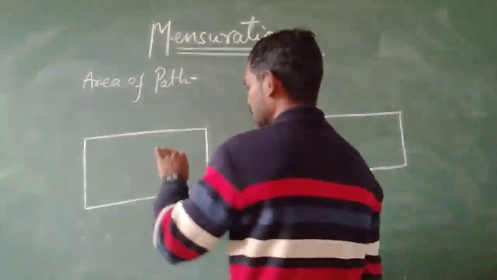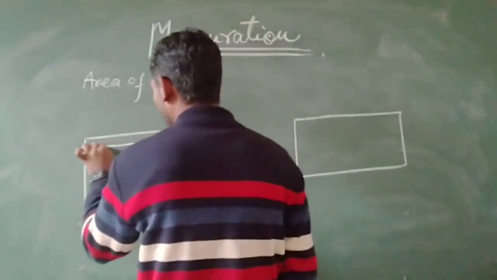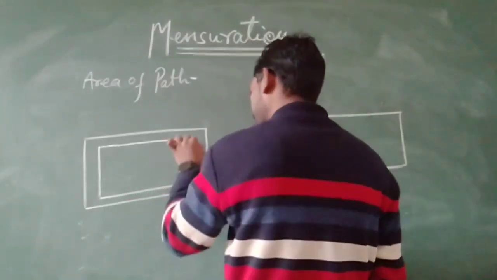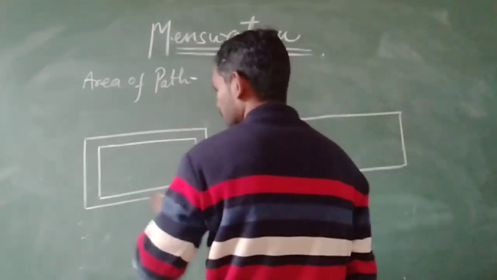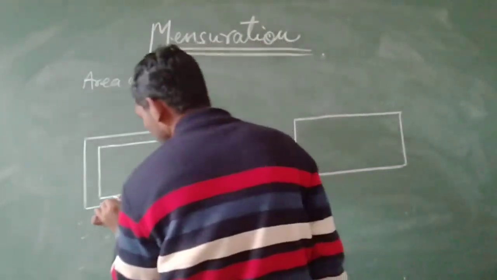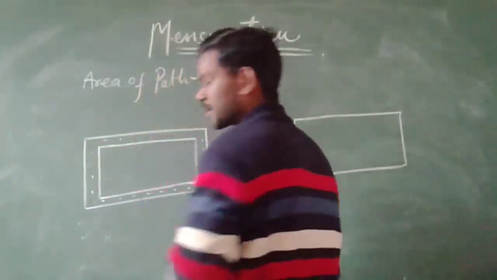In this rectangle, there is a path of uniform thickness around the rectangle. This is the path around the rectangle of uniform thickness.